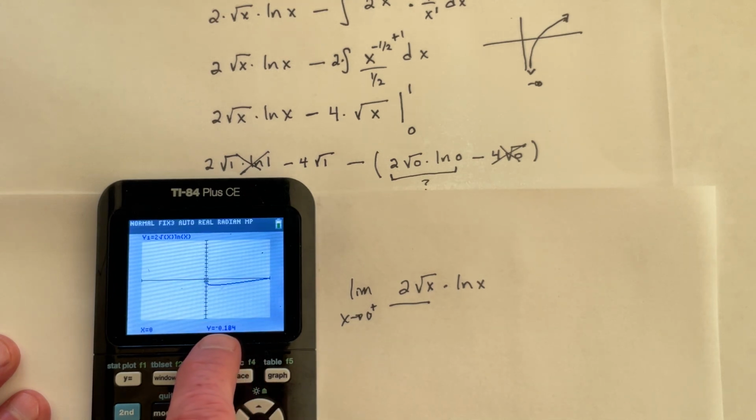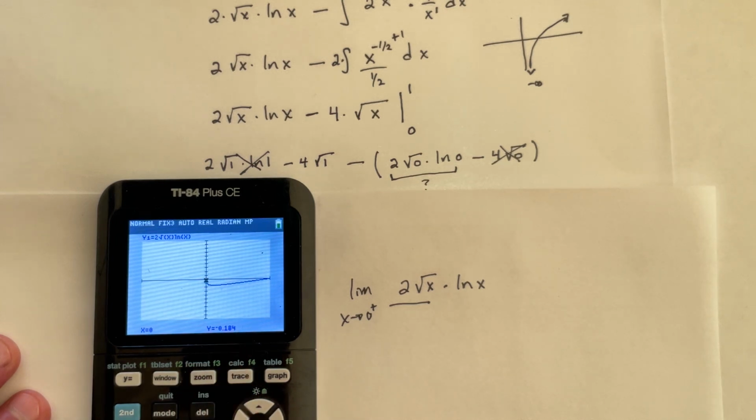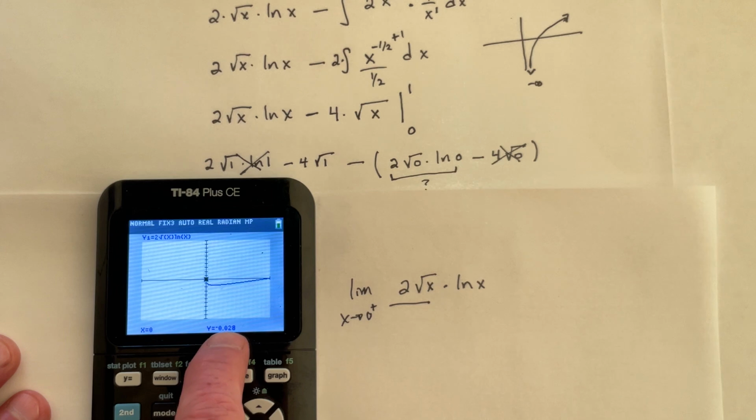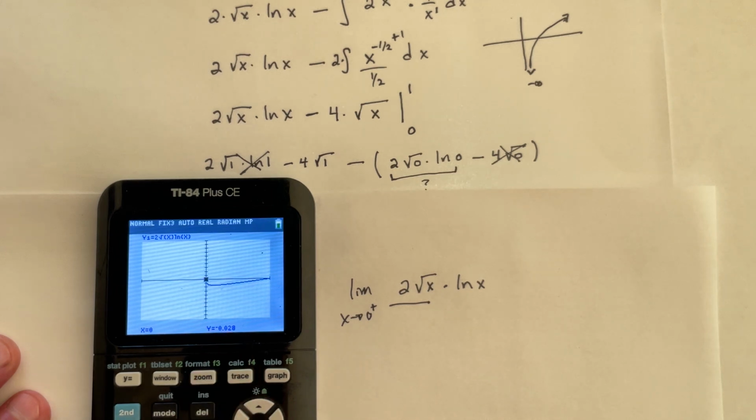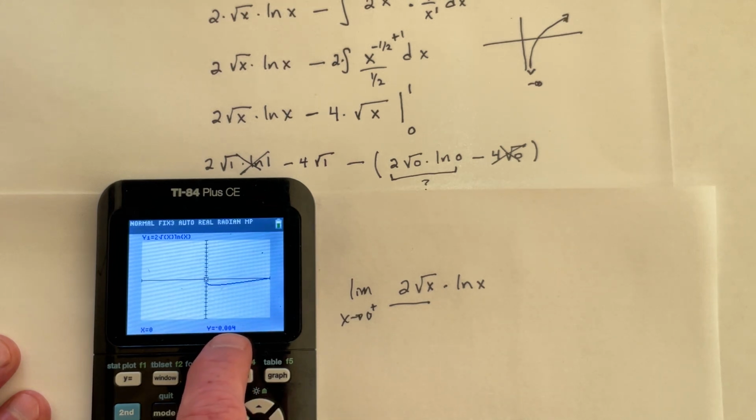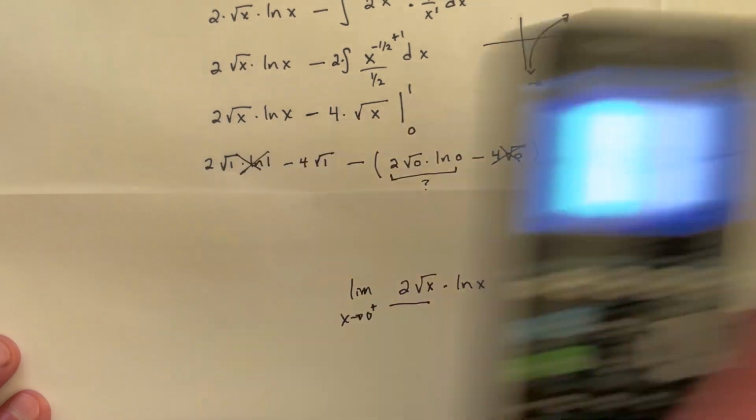Right now that equals a negative 0.184. But if you pick something even closer to 0, then that is now a negative 0.028. And if I pick something even closer to 0, that is now a negative 0.004.